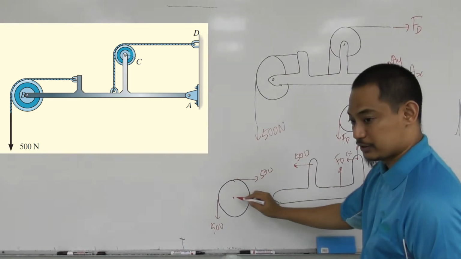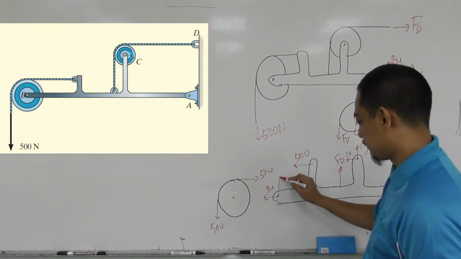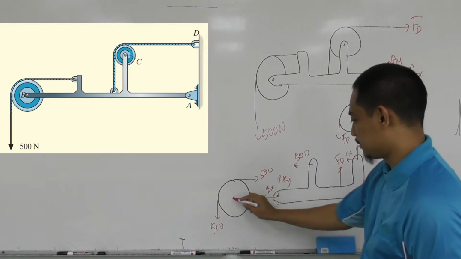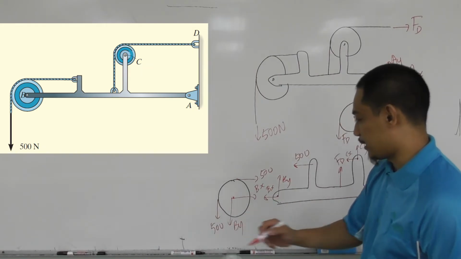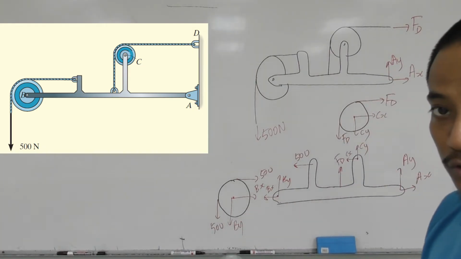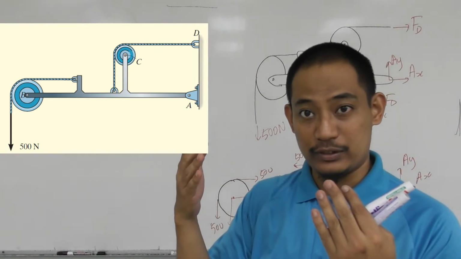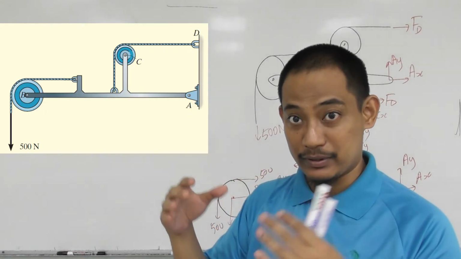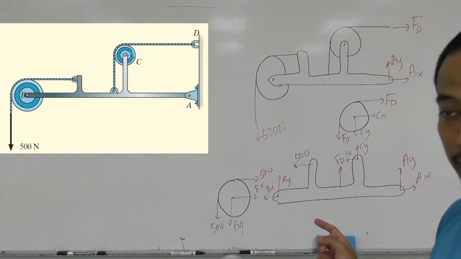So here it's point B. So if I assume here BX, BY, this will be BX, BY, right? So as you can see, if you detach the pulley from the member like this, the number of unknowns will be much more, right?